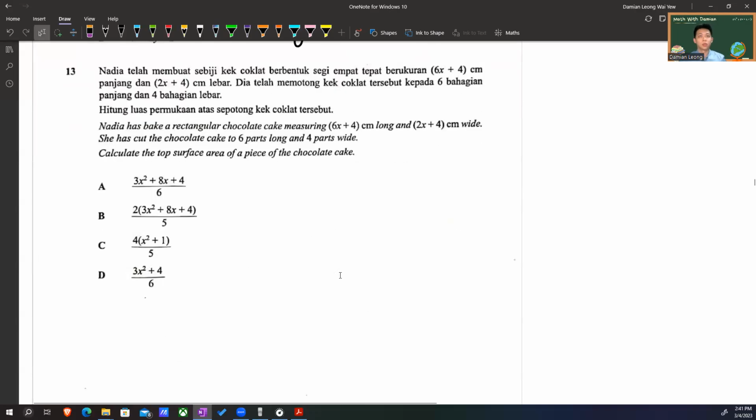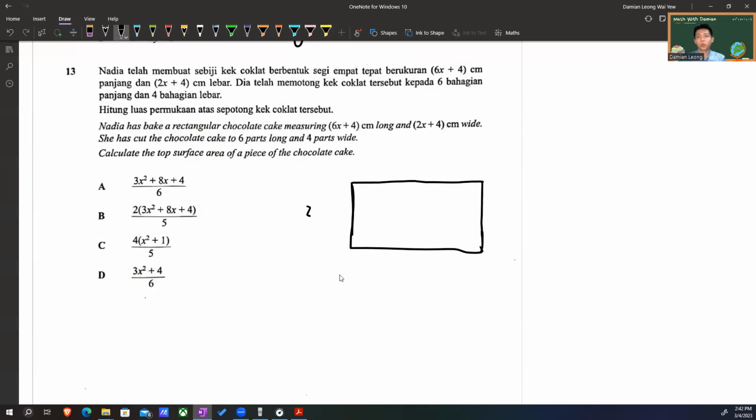Question 13. Calculate the top surface area of a piece of chocolate cake. So rectangular chocolate cake. So shape, usually I like to sketch it up. Okay. So I'm just considering the top surface. So I just need the rectangle. Okay.